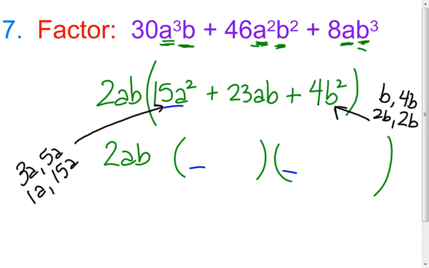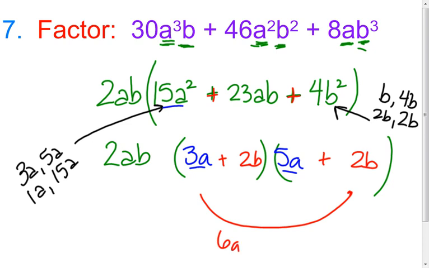I am going to try 3a and 5a to make 15a squared. My two backs have to make 4b squared. So I am going to try 2b and 2b. If it's a plus back here, it either needs to be plus plus or minus minus. Because this is a plus, it will need to be plus plus.